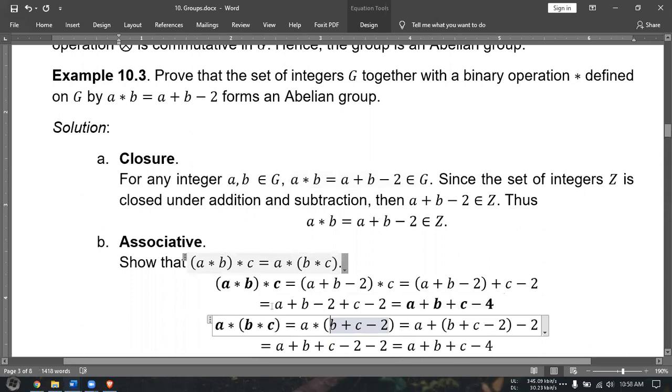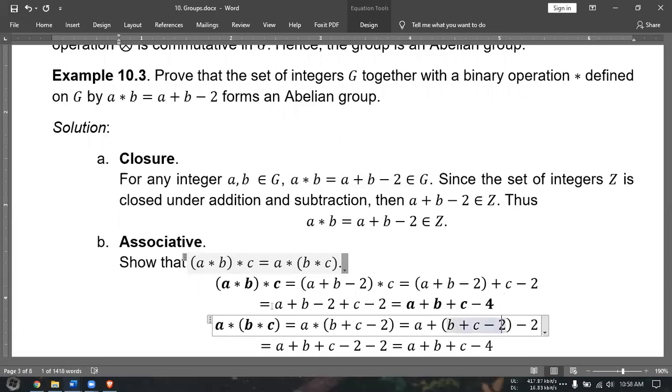We have A star (B star C) is equivalent to, by the binary operation again, B plus C minus 2. And if this is A and this is B, then applying the binary operation, we have now A plus B minus 2.